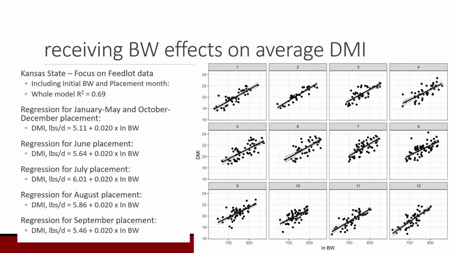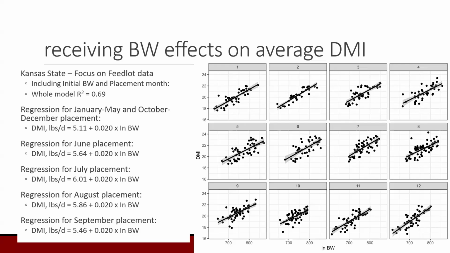So body weight at initial placement is an important factor, and the season when the animals are placed on feed is an important factor. If an animal is placed in December, they're going to be their heaviest in those summer months, when the temperatures are hot. Heavier animals will respond worse to hot temperature than lighter animals.